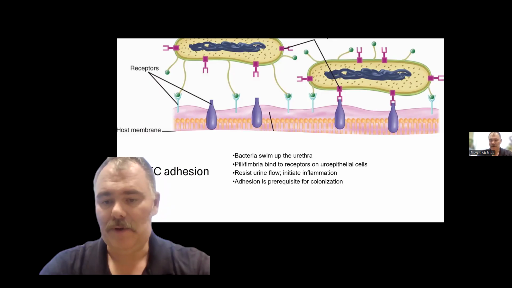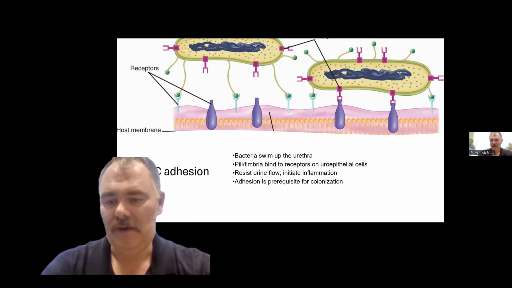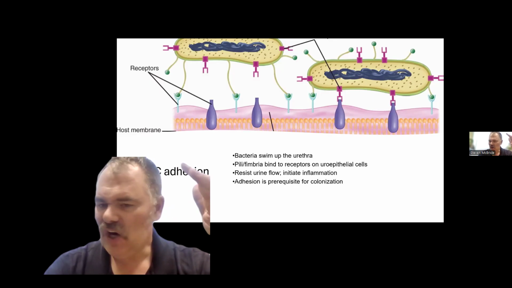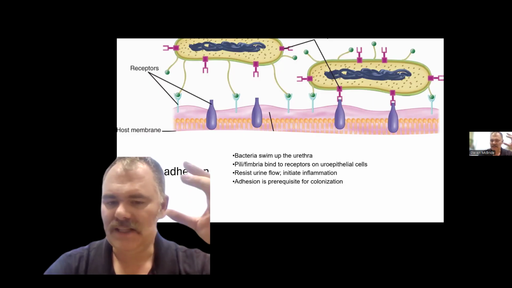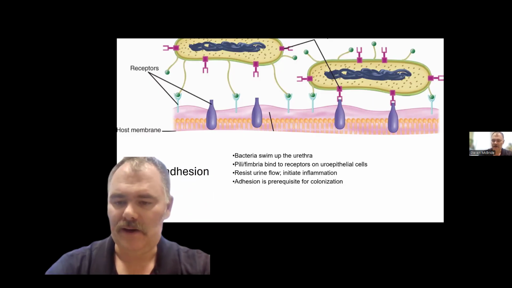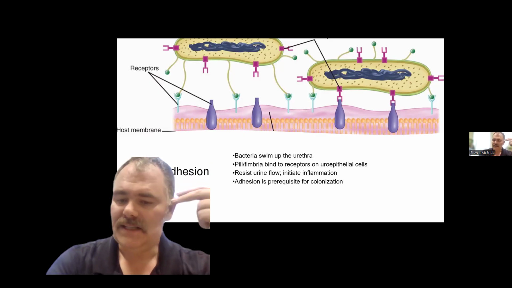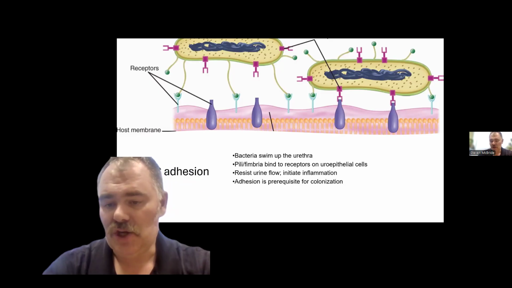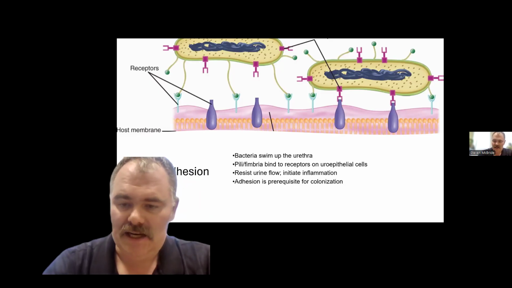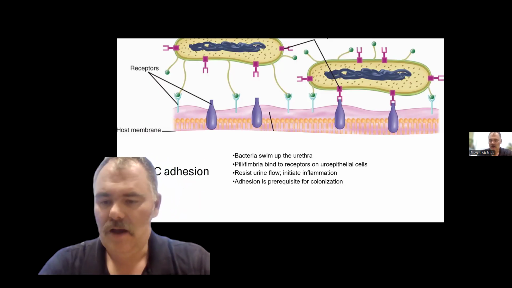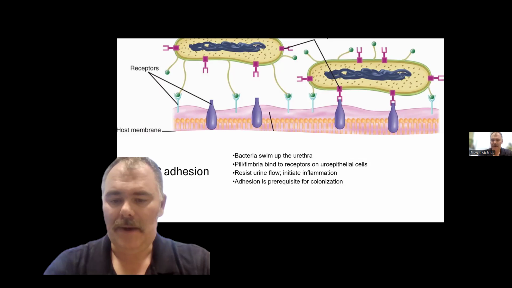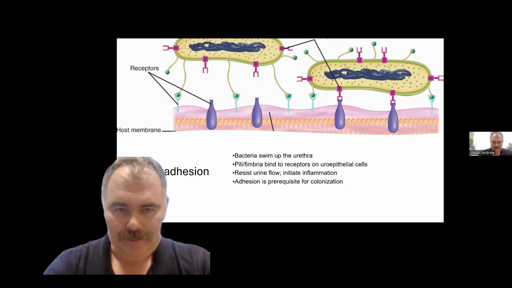UPEC solves this problem using structures called type 1 fimbriae. These hair-like appendages bind to receptors on the bladder's epithelial cells and anchor the bacteria in place. By resisting removal through urination, UPEC can establish colonization and begin the process of infection. Without these adhesins, the bacteria would simply be flushed away.